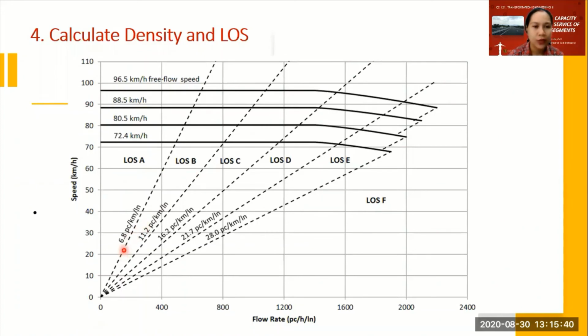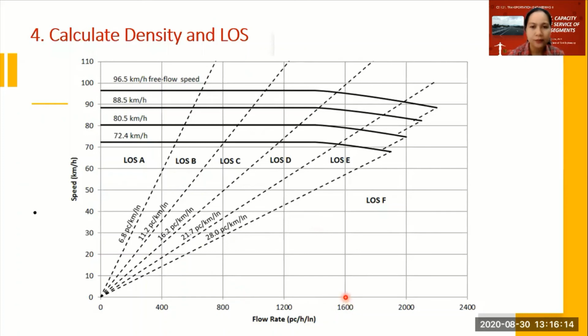So if you have a density of 6.8 passenger car per kilometer per lane, then you are in the region of LOS A. And this is the region for LOS B, LOS C, D, E, and greater than 28 passenger car per kilometer per lane will be LOS F. Or you can also use the calculated flow rate to graph here.